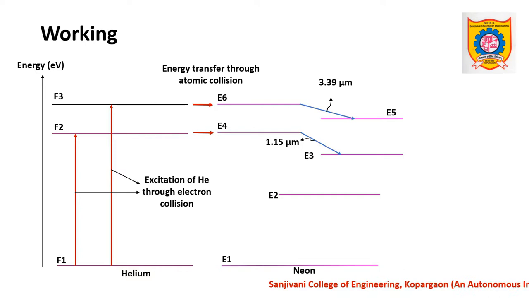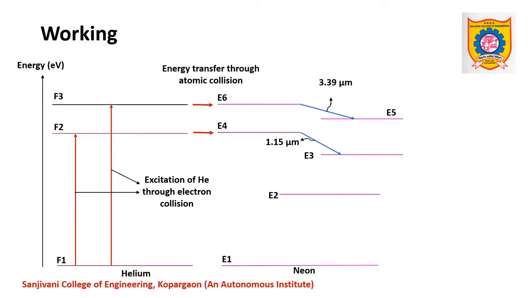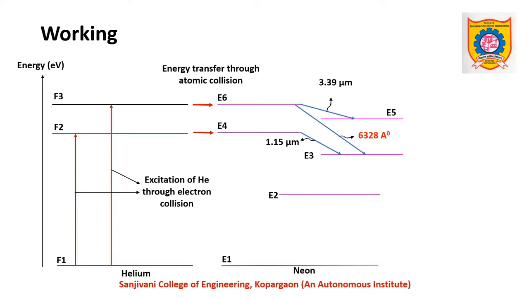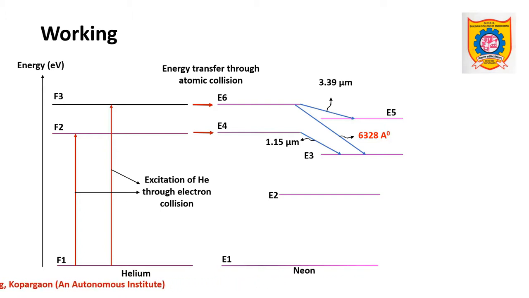So both these radiations are not in the visible range. However, from E6 to E3, the transition gives out radiation of wavelength 6328 angstrom units. So this radiation has red color. So these two lasing levels are very important, E6 to E3.